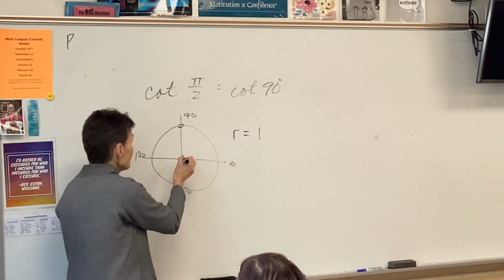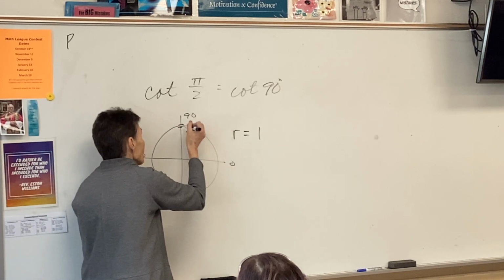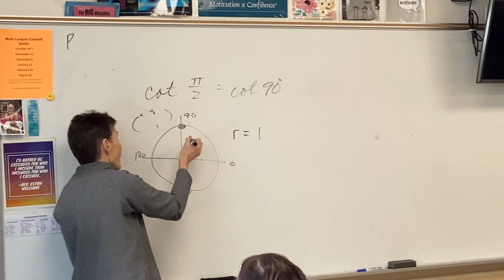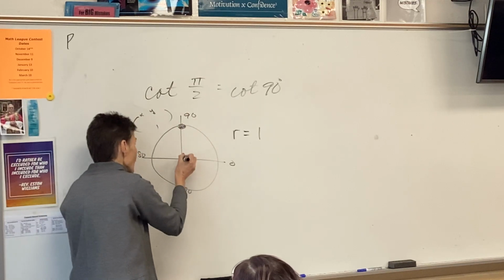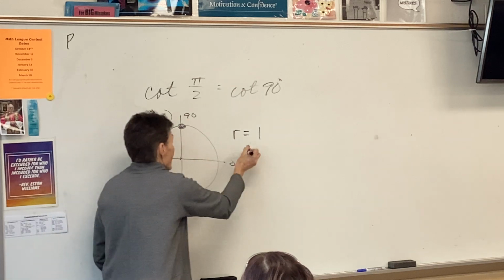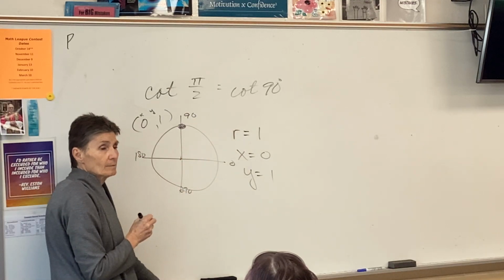So if I am going straight up 1, what are the coordinates of this point, the x and the y, for this point right here? I went straight up. 0, 1. So x is 0 and y is 1.